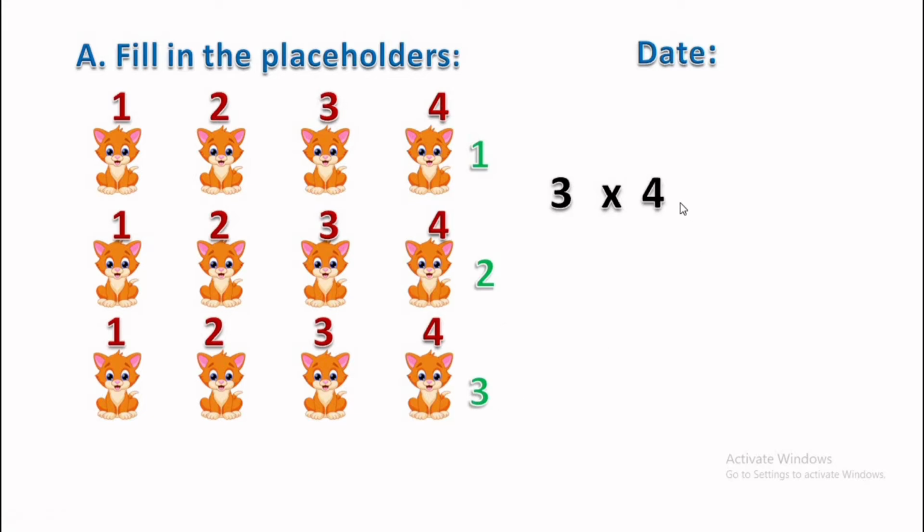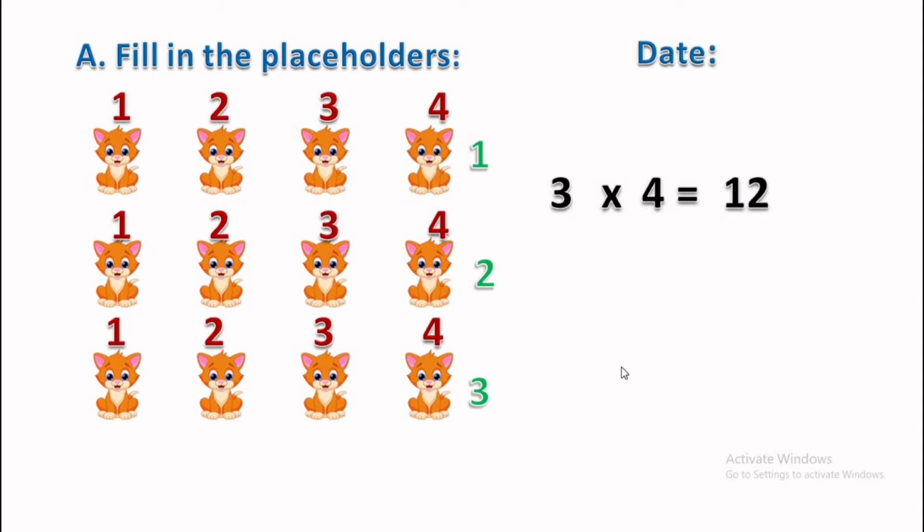We will write 4 and we know 3 4s is 12. So this is one way of finding out the total number of cats given here.